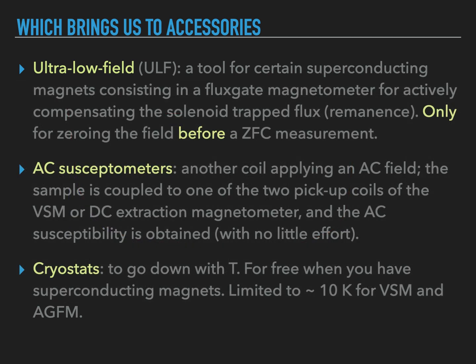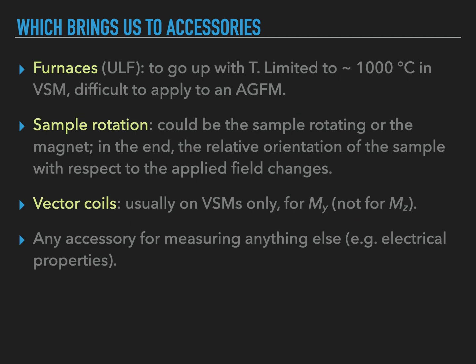Of course, there are lots of different accessories for the magnetometers. Typical accessories include AC susceptometers, especially for SQUIDs, or cryostats or furnaces for VSMs and AGFMs. Furnaces, which are normally applicable mostly to VSMs, can go to temperatures up to approximately 1000 degrees Celsius.